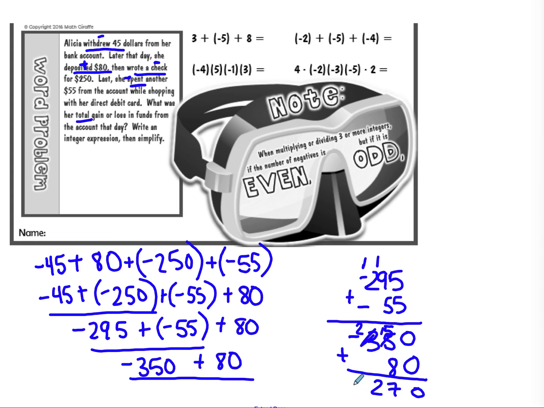More negatives, answer's negative. So her total answer, I'm going to write up here, negative $270. So she spent $270. My dollar sign there. Okay, so negative 270. I'm going to just rewrite my negative there to make it stand out a little bit more.